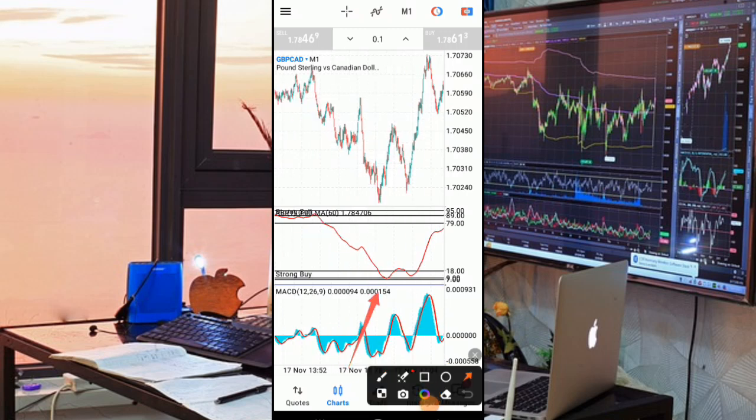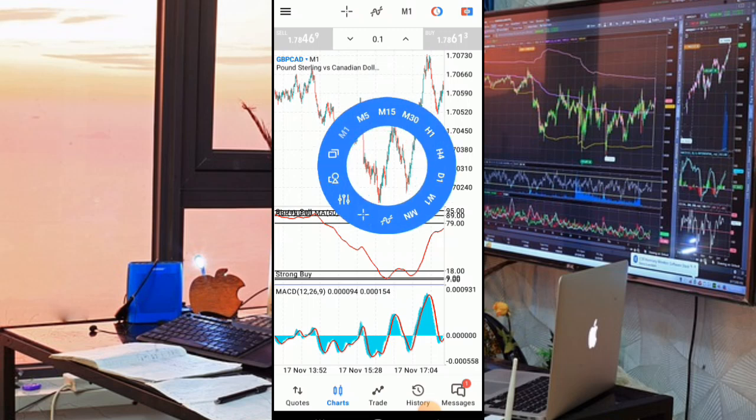So you see there, price did touch the 9 line level, which is okay, but we have to wait for price to close above the 18 line level, and then you check, you come to the MACD, and you see that there is a pullback which is above the 0 line level. Then you can place your buy entry. As you can see from this point going up, price has been going up. So my dear friends, this thing is not that complicated.